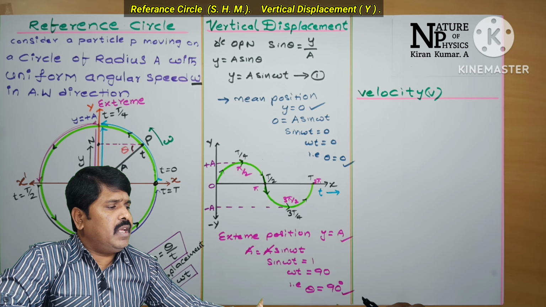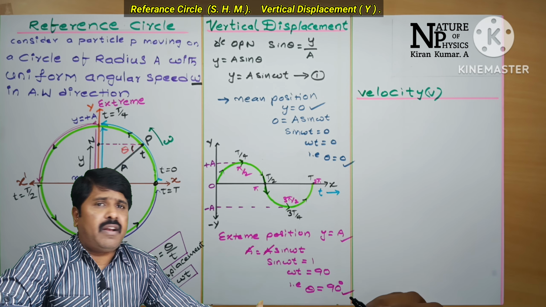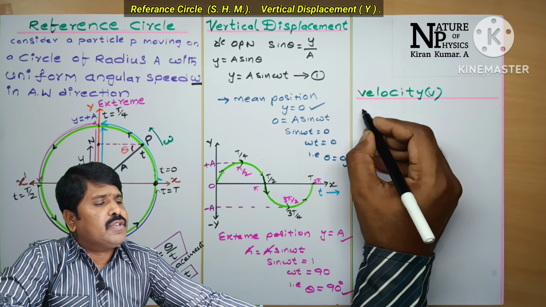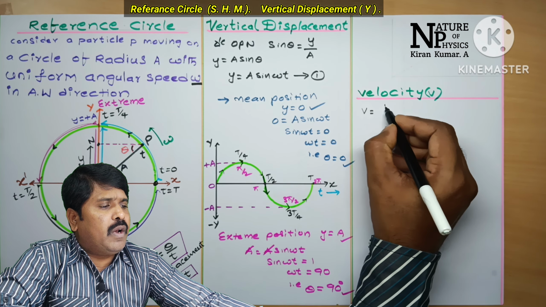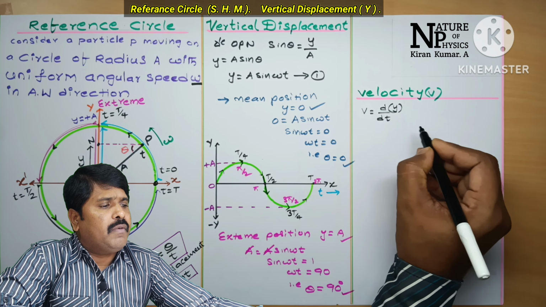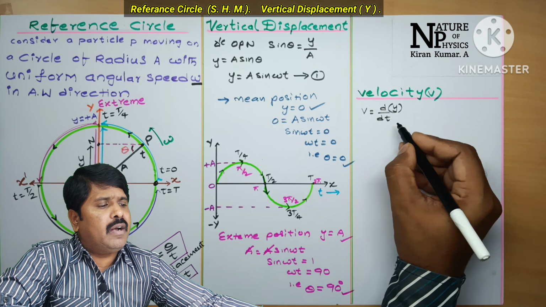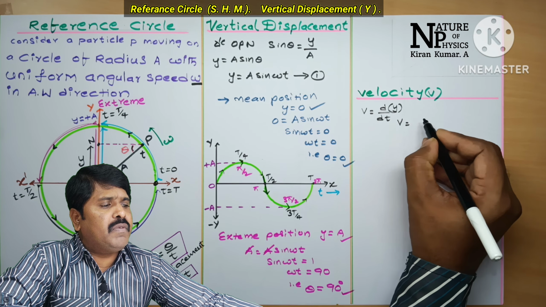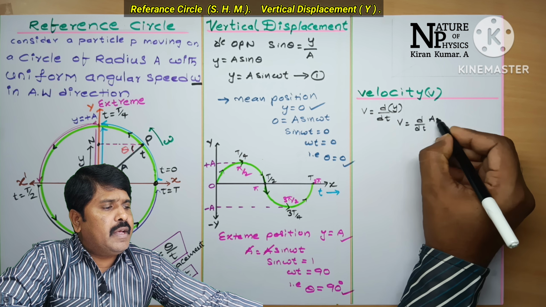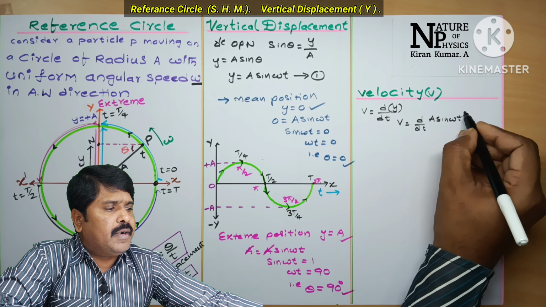For velocity, the basic definition: the rate of change of displacement is called velocity. So the velocity v is equal to d by dt of y, where y is a sin omega t. Replacing it, v is equal to d by dt of a sin omega t.